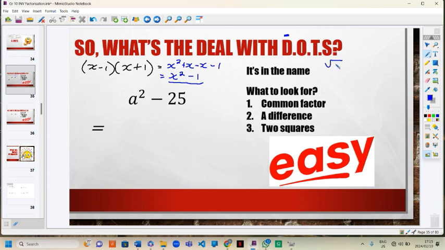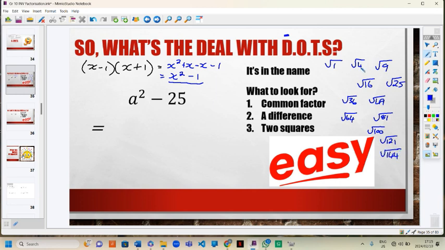You need to know the square root of 1, square root of 4, square root of 9, square root of 16, square root of 25, square root of 36, square root of 49, square root of 64, square root of 81, the square root of 100, square root of 121, and the square root of 144.